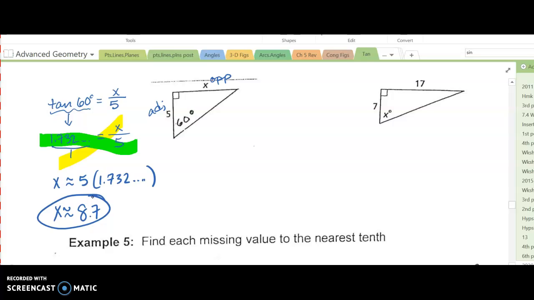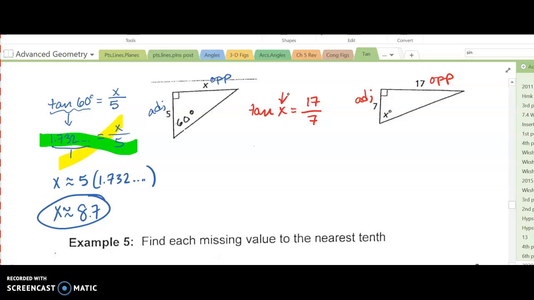Okay, so same idea over here. Let's see, this is opposite across from x. This is adjacent next to x. So tangent of x equals opposite, which is 17, over adjacent, which is 7. Okay, except for this time, this is where my angle is the variable, and this is the one where I would look it up in the table backwards.